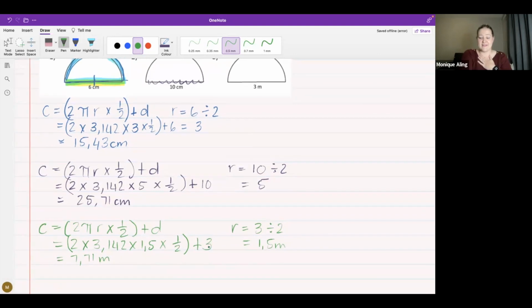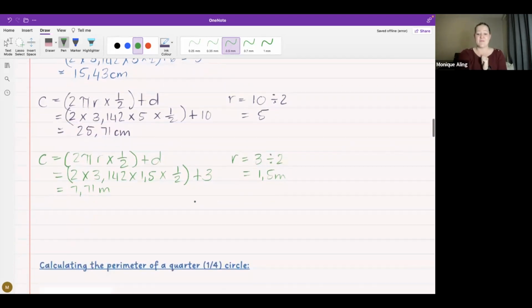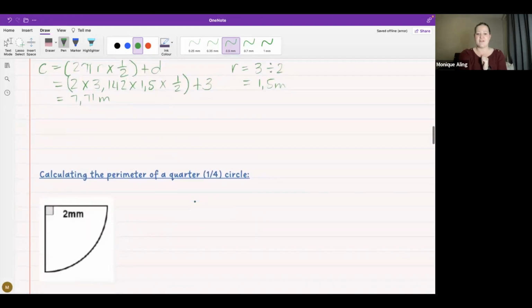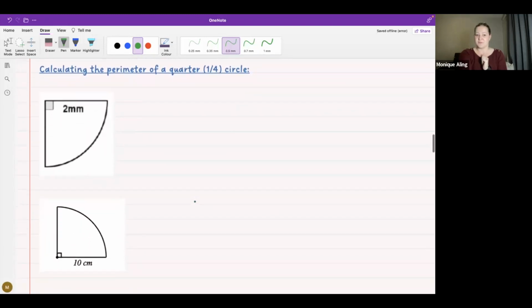Okay. So I threw a little bit of a curveball here by asking you to work out the perimeter of half a circle. So now we know how to work out the perimeter of a full circle and half a circle. Are we ready to try work out the perimeter of a quarter circle?